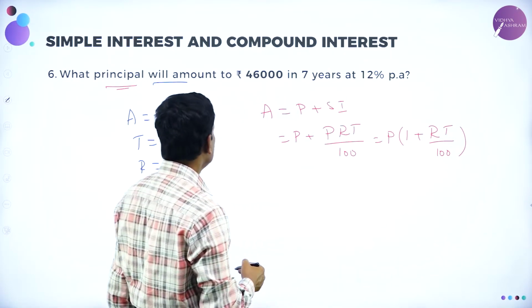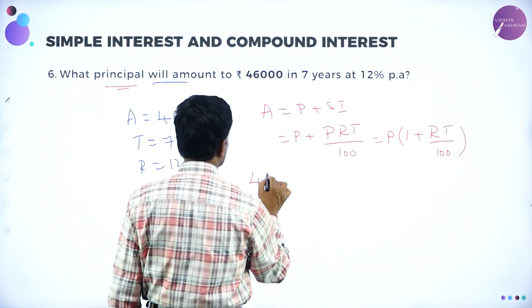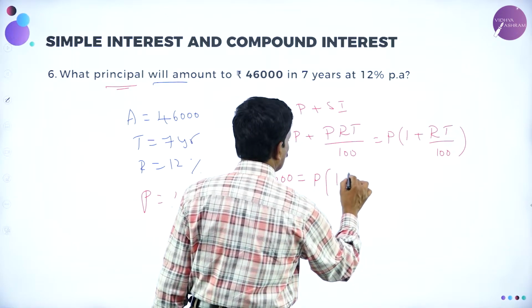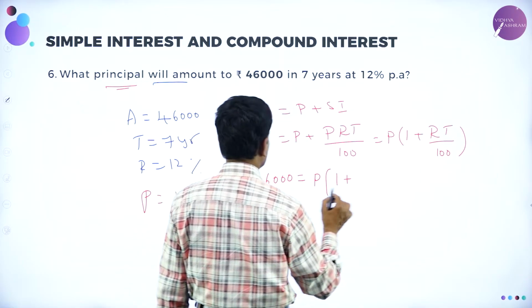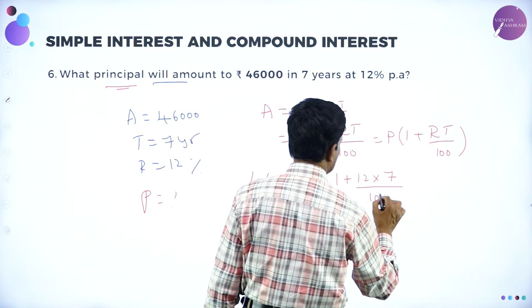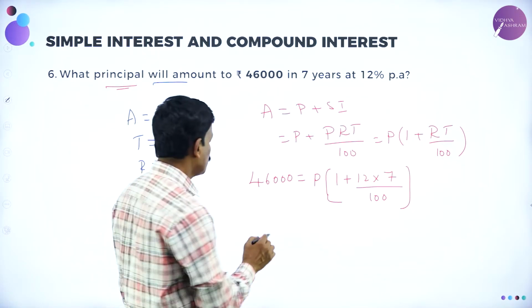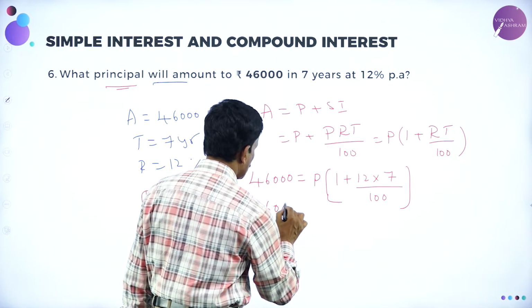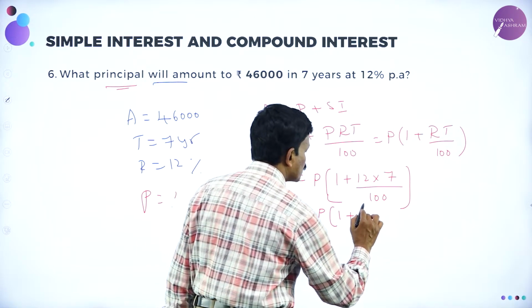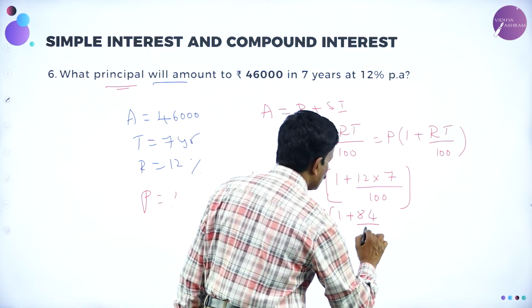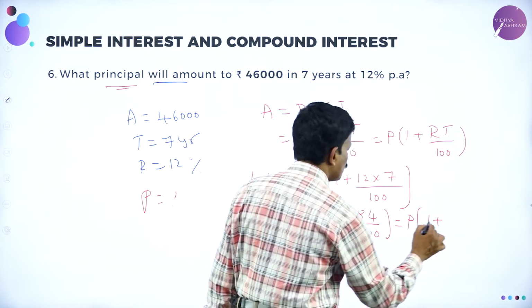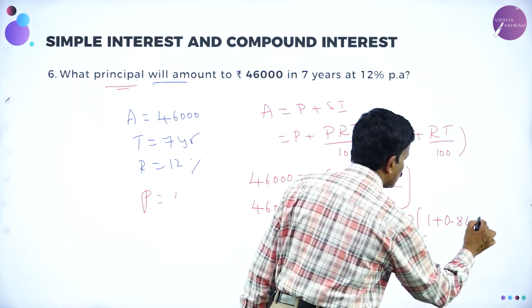Now substitute the values. What is the amount? 46,000 is equal to P into 1 plus R. What is the rate of interest? 12 into time period 7 divided by 100. This can be written as 46,000 is equal to P into 1 plus 12 sevens are 84 divided by 100, or this is P into 1 plus 84 by 100, which is 0.84.